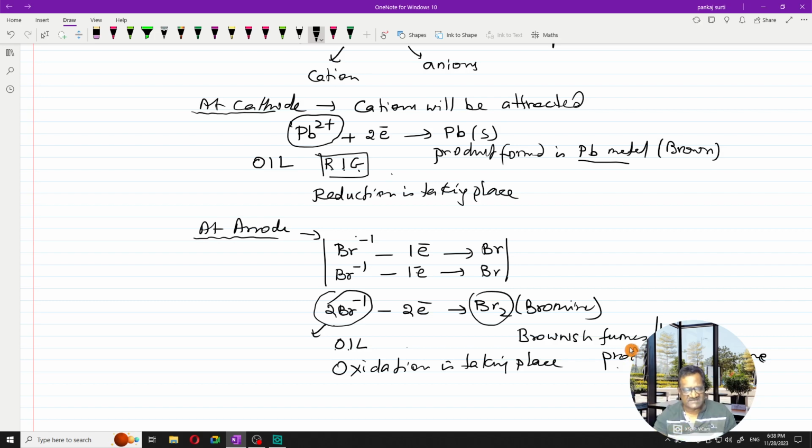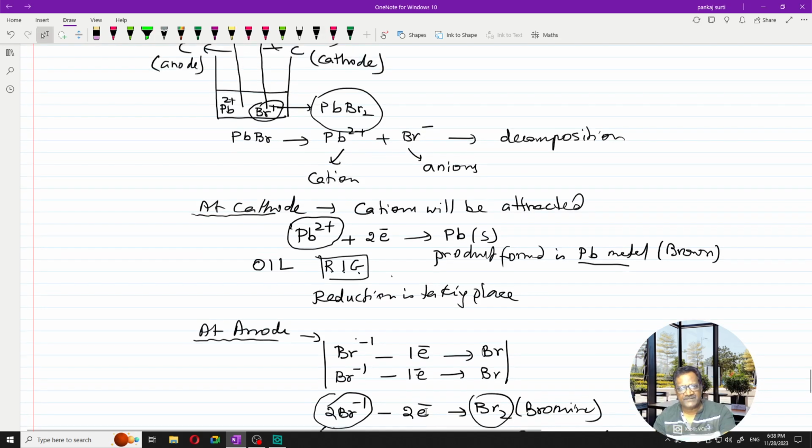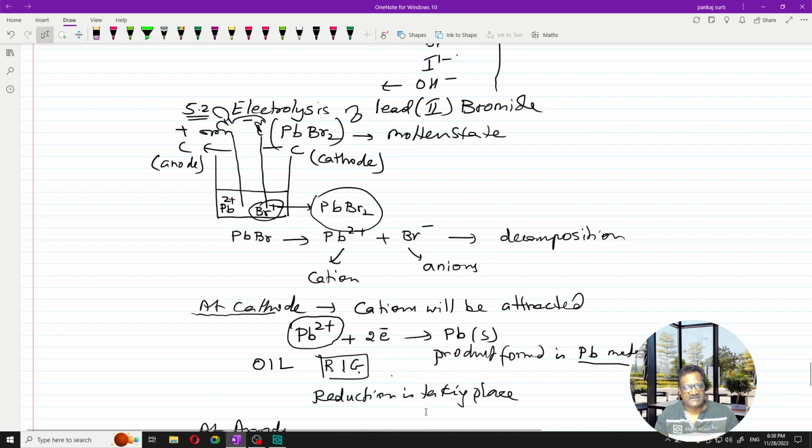I'll summarize it once again quickly. In the molten state, solid lead bromide will split into lead ion and bromide ion. This lead ion, being positively charged, will be attracted by the cathode. Because the cathode is full of electrons, it is negatively charged, so these electrons will be taken away by the lead ion.